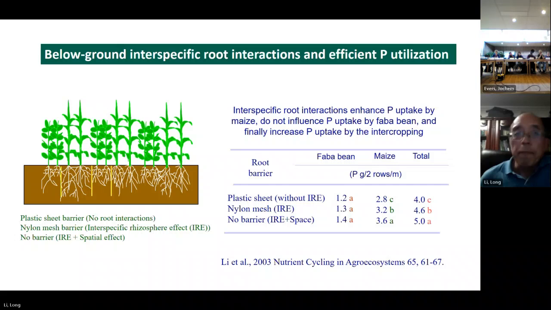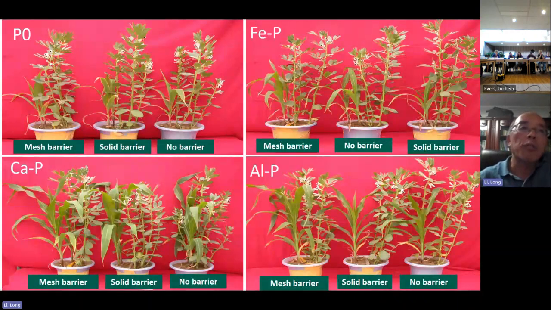So we conducted a greenhouse experiment like this. You can see we added different forms of phosphorus, like iron phosphorus and alumina phosphorus. Both of them are insoluble phosphorus. Also, we added some calcium phosphorus, which is a soluble phosphorus. We also used different root barriers like this mesh barrier, null barrier or solid barrier.